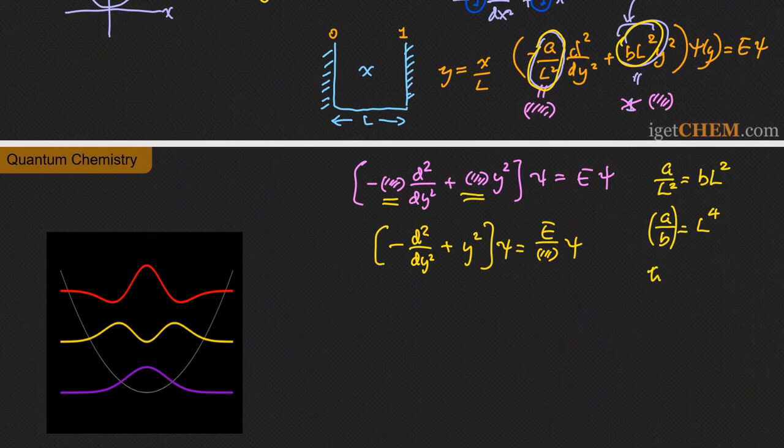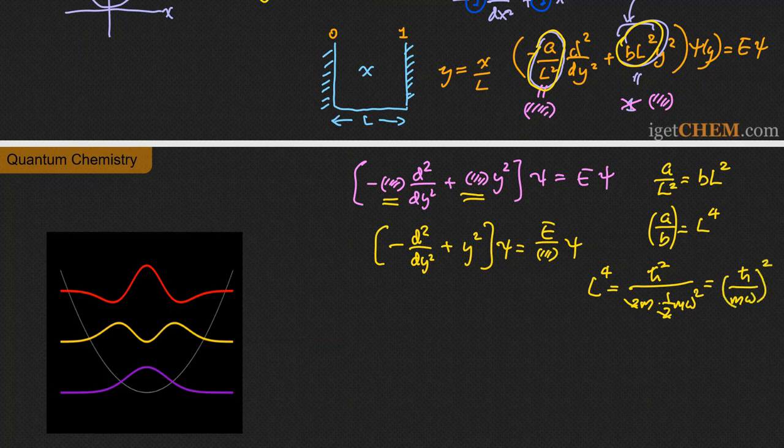A is h bar squared over 2m, and then B is 1/2 m omega squared, and that is supposed to give me L to the fourth power. So when you look at that, the 2 cancels, and you see that this is simply h bar divided by m omega to the second power. So L to the fourth is equal to that, and so L is equal to the square root of h bar divided by m omega.